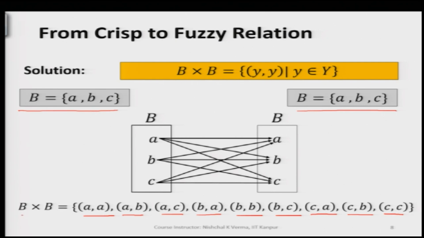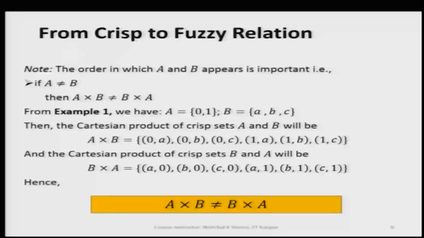So, this way we have seen that we can get the Cartesian product of B and B, and as we have already seen, the order is very important while we make pairs. So, that is why the Cartesian product of A and B is not equal to the Cartesian product of B and A. And please note that these two sets A and B are crisp sets here.